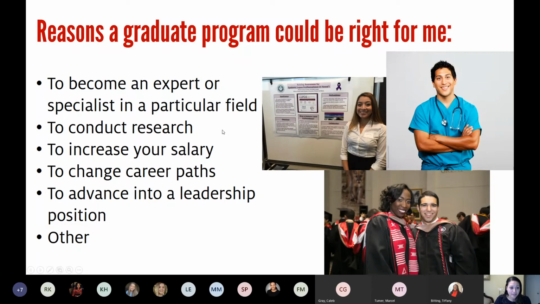So these would be excellent reasons for you, especially those of you who said in here, well, I'm not even sure if I do want to go into graduate school or if it's right for me. These are going to be some of the reasons why it would be worth looking into a graduate degree.